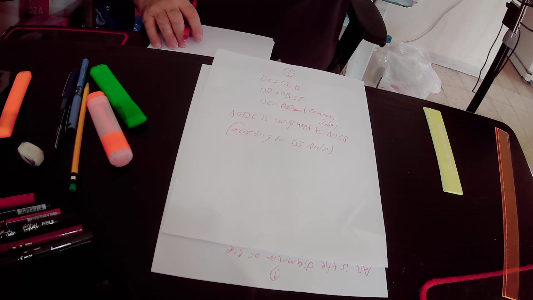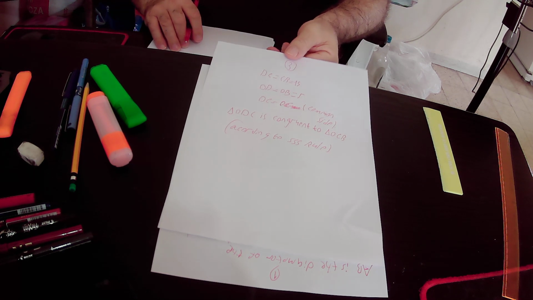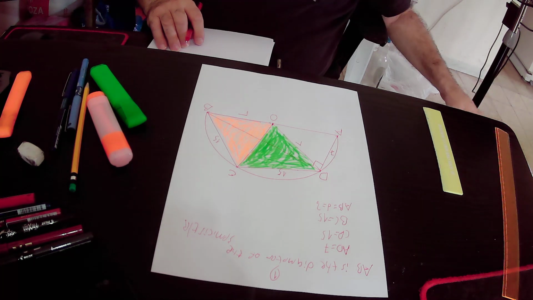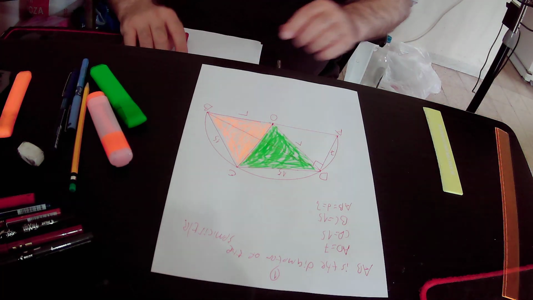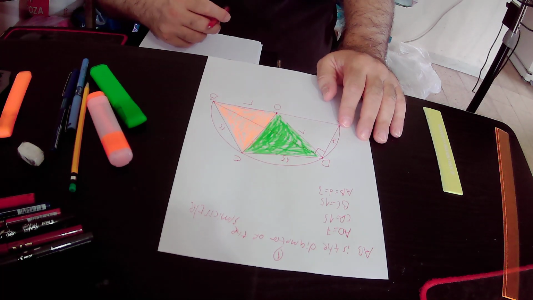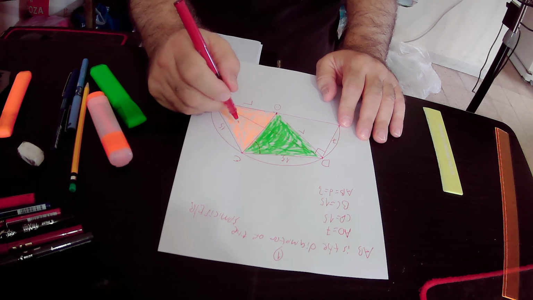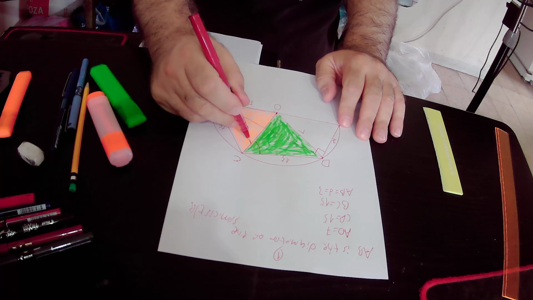Actually, side rule states that if you prove that all the sides of one triangle are equal to all the sides of the other triangle, then you actually proved that those two triangles can go into each other. Okay? Therefore, from the fact that those two triangles can go into each other, we can deduce that angle OCD, this angle, is equal to angle OCB, to this angle.